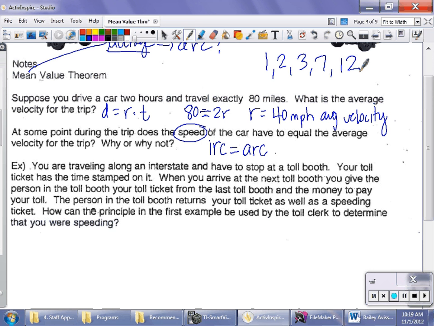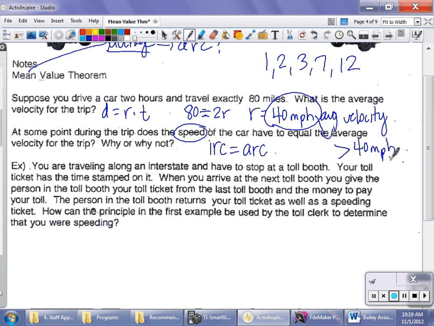So let's think about that. If the average velocity of my trip is 40 miles per hour, then since I couldn't travel 40 miles per hour the entire trip, every second of the trip, that seems to indicate that our velocity at some point had to be greater than 40 miles per hour.